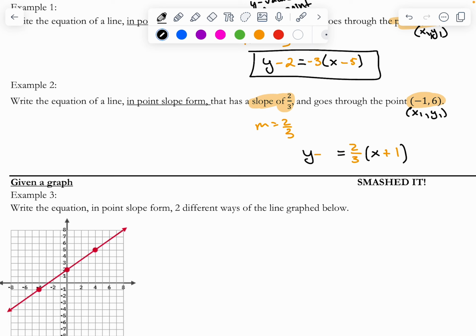How many of you were yelling at me about, hey, Mr. Martinez, you keep saying 6, but you keep writing 3? I apologize for that. But if you have a positive number, here in this case for the y, you should have negative 6 here. And if you have a negative number, like we did here at this negative 1, you should have a positive number in there. So our final equation is going to be y minus 6 is equal to 2 over 3 times the quantity of x plus 1.